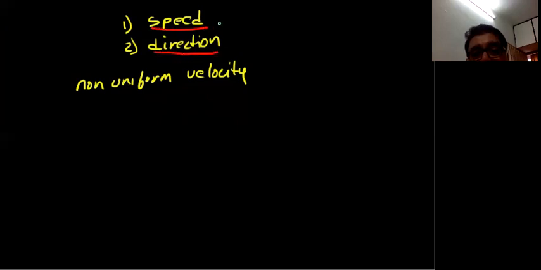In a motion, if any one of the quantities changes, if the speed changes or if the direction changes, we call that kind of motion a non-uniform velocity. Any one of them changes or both of them change, we still call it a non-uniform velocity.